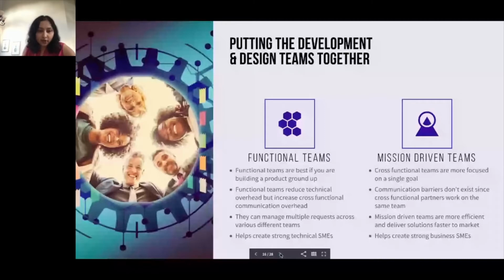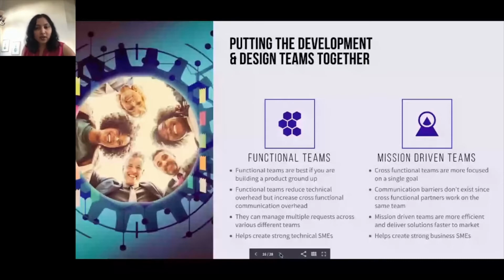However, if you're trying to build a feature or a product that involves identifying the right customer problem, where you don't even have a customer problem yet, that involves doing market research, building some prototypes, validating your hypothesis, running A/B tests, and validating if this idea can actually become reality, you're better off with mission-driven teams.